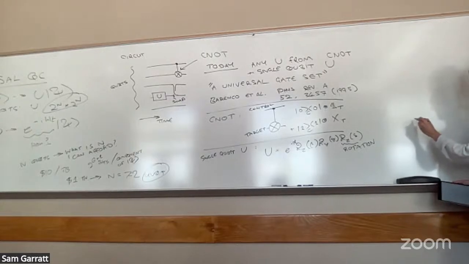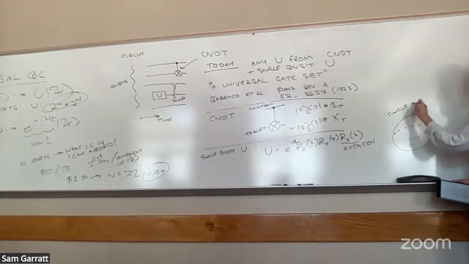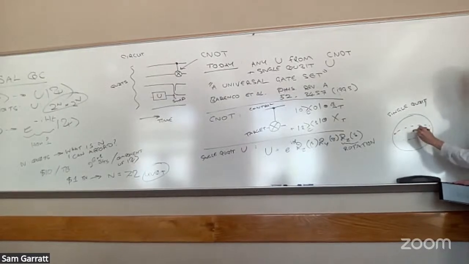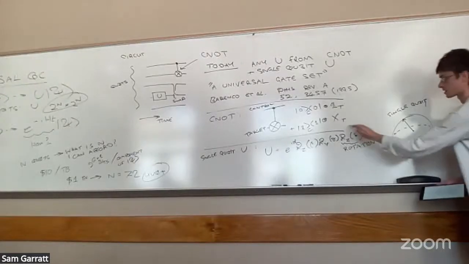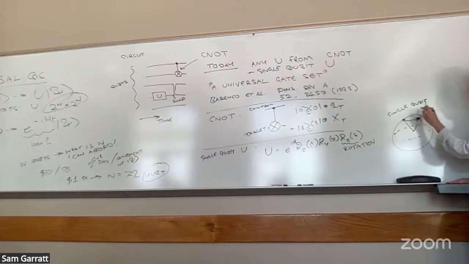A single qubit state can be visualized on the Bloch sphere, which many of you will be familiar with. The state of a qubit corresponds to some vector in this Bloch sphere, and RZ delta is going to take this qubit and rotate it around the z-axis by delta. So RZ delta takes our qubit from here to here.